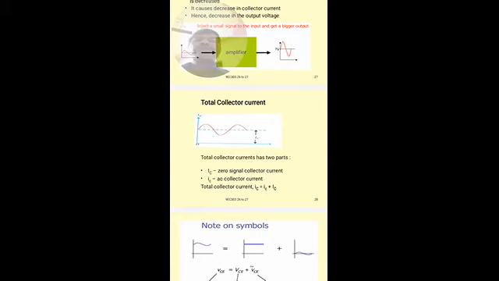here, we have a DC current IC, the zero signal collector current, that is the biasing current IC. Small ic is the AC collector current.